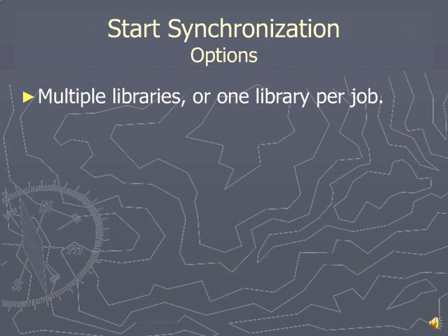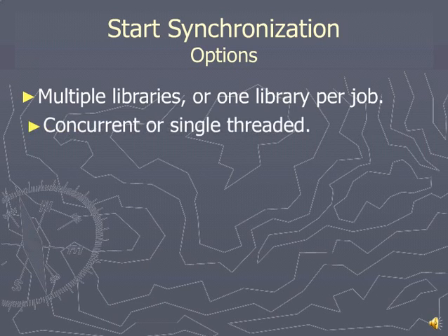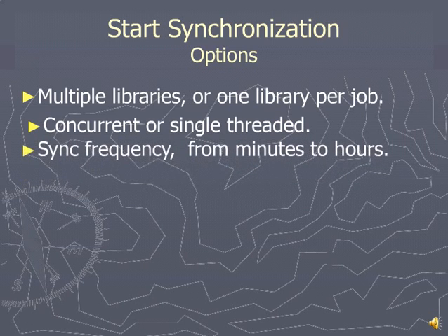Choose whether to have a separate sync job for each library or to combine similar libraries into a single job. Choose whether to run synchronization jobs one at a time or whether to allow multiple jobs to run concurrently. Choose the frequency for various synchronization tasks from minutes to hours to days.